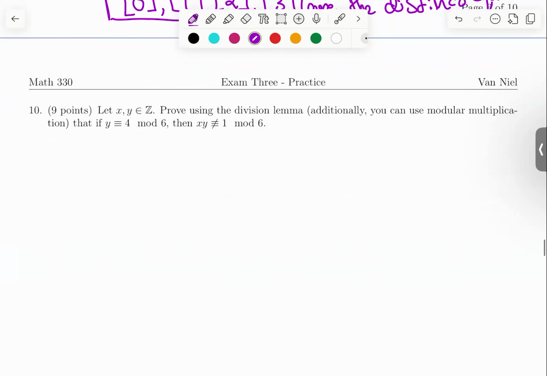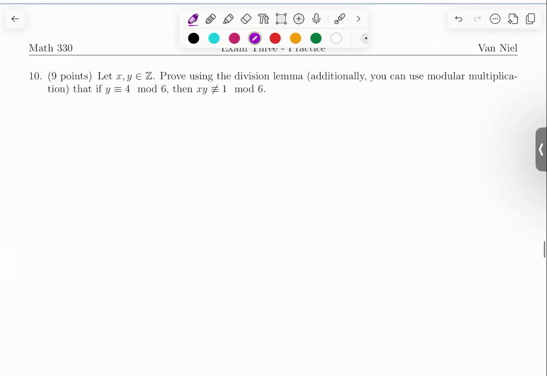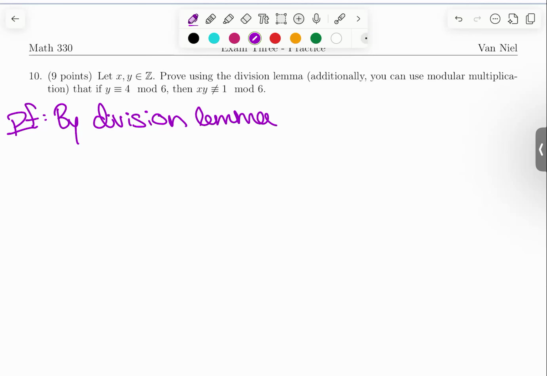Okay. All right, so let x, y be in the integers. Prove using the division lemma. Additionally, you can use modular multiplication that if y is equivalent to 4 mod 6, then x times y is not 1 mod 6. Okay. Let's see. So by division lemma, there's a bunch of different ways you could say this, but I'm just going to say it kind of like how the division lemma is written.